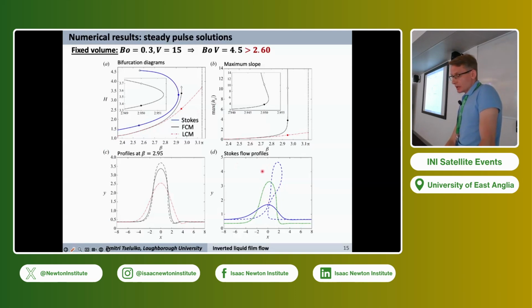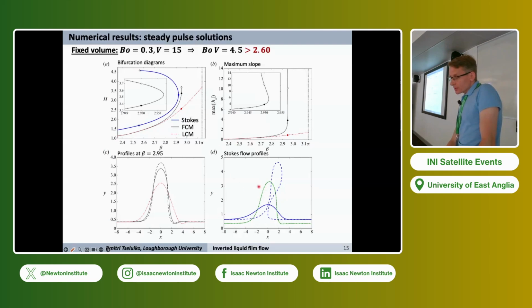We can continue all the way to this value here. The most extreme solution for the Stokes case is shown in this panel by the dashed line. It resembles a droplet which is close to pinch off and the subsequent dripping.